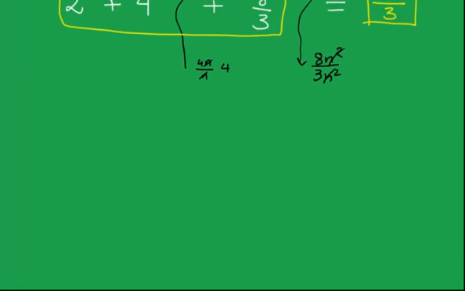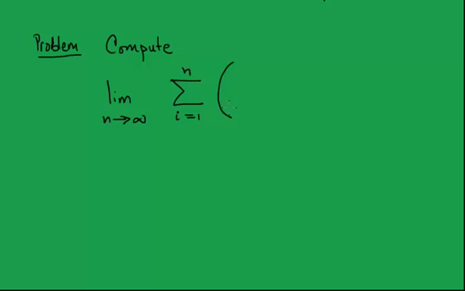Now, what I want you to do to practice this is to compute the limit as n approaches infinity of the summation from i equals 1 to n of 1 minus 3i over n, quantity squared, and then times 3 over n.